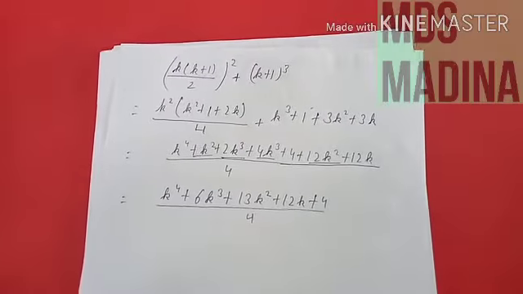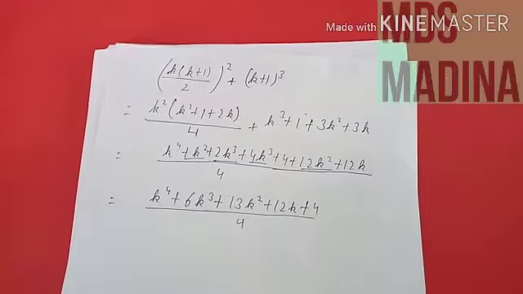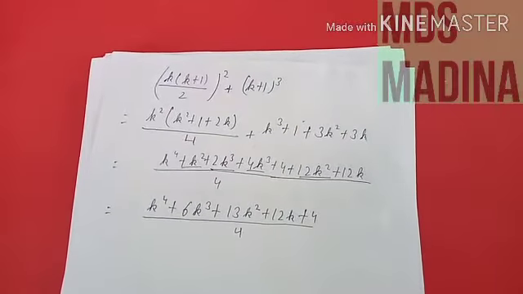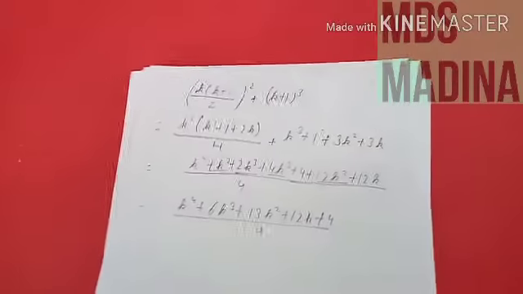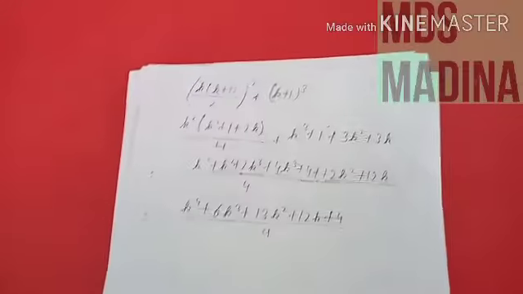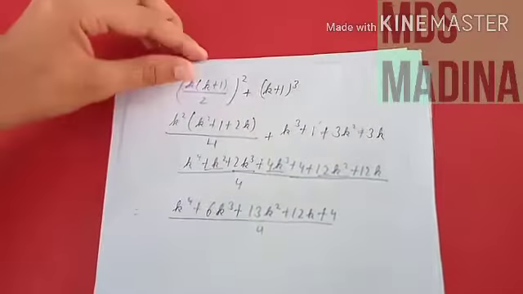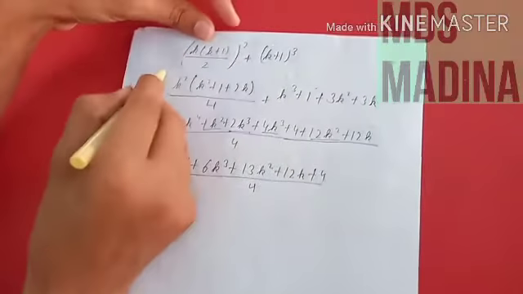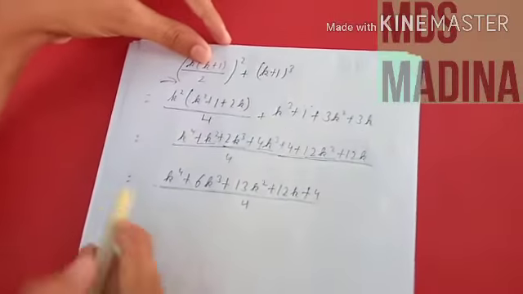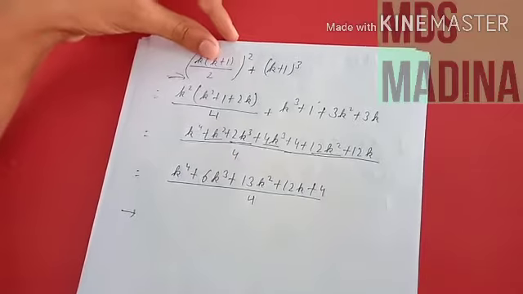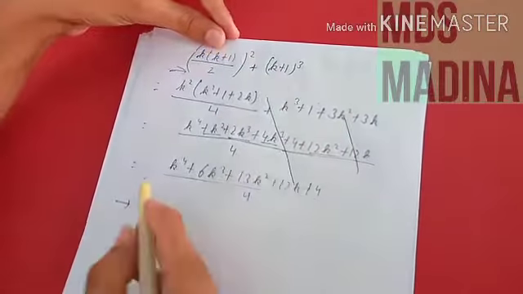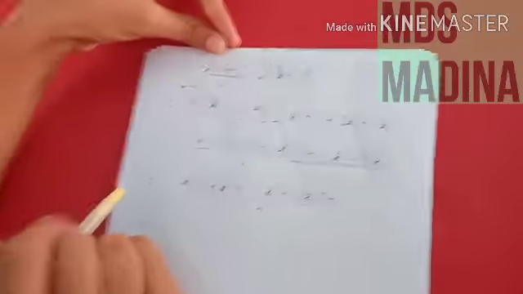Now what we are going to do? Or if we don't want to do this step, directly we can do from here. After this step it will be very complex and lengthy, so we are not going to do this. After the earlier step, first of all I will open the square here.